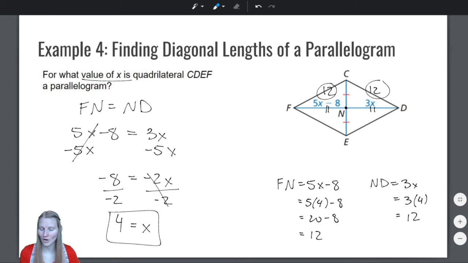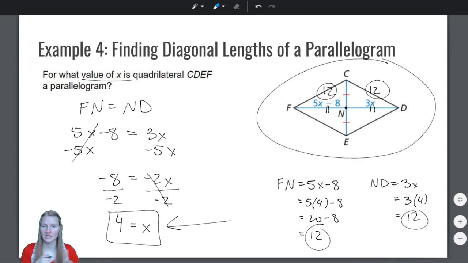So yes, these are the same, and they have been bisected. This diagonal has been bisected, so we were correct. X equals 4 does work, and it does show that both diagonals have been bisected. So, by the parallelogram diagonals converse, we know that if x is 4, quadrilateral CDEF is a parallelogram.